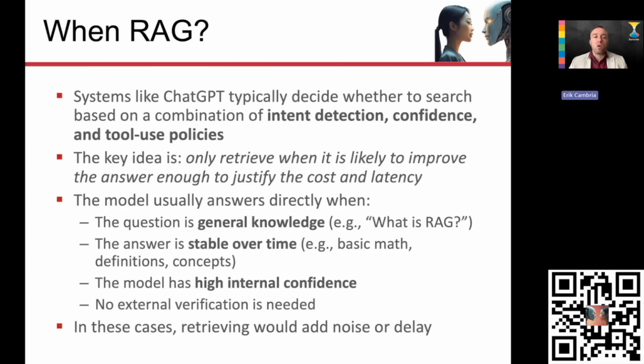So before we go into the implementation details, we also need to clarify when to call for RAG, right? This is similar to the discussions that we had, for example, for spell correction or many other of those optimization techniques that we talk about. It's not like RAG needs to be applied every single time.